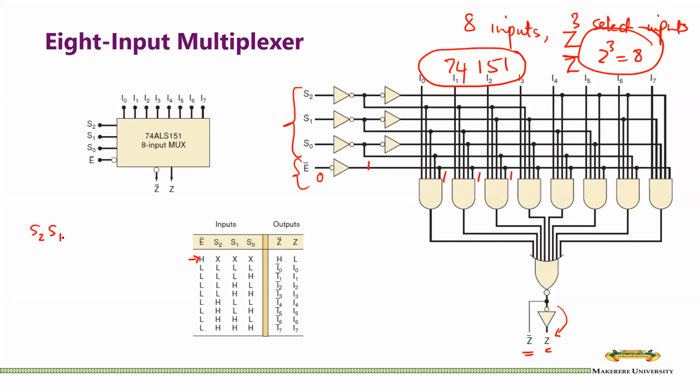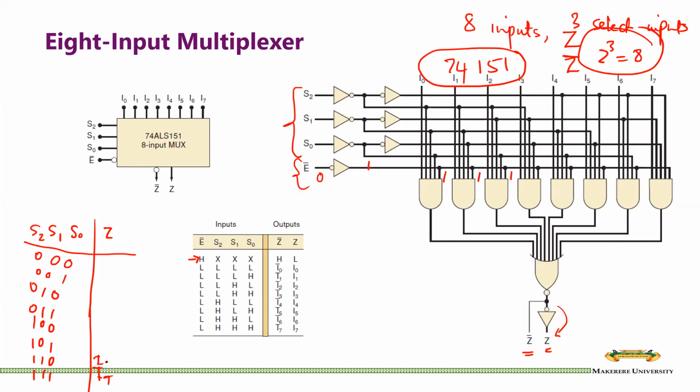S2, S1, S0, and Z. So 0,0,0; 0,0,1; 0,1,0; 0,1,1; 1,0,0; 1,0,1; 1,1,0; 1,1,1. We know that 1,1,1 should select I7.